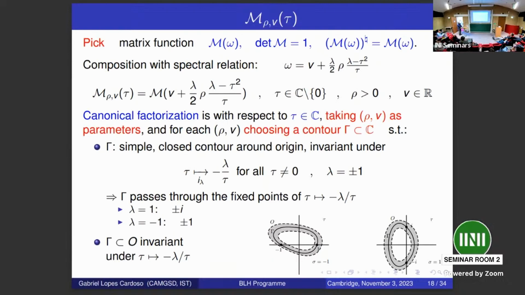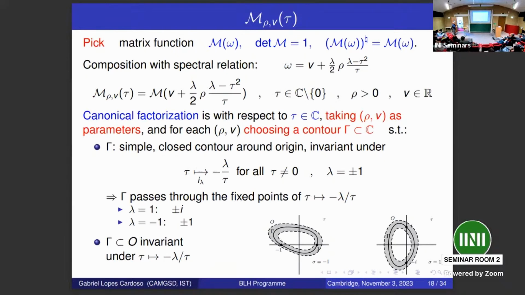But remember that this relation here was invariant under tau goes to minus lambda divided by tau. What this means is that the contour gamma you are going to choose will be invariant under tau goes to minus lambda divided by tau. Now, this involution has fixed points. If lambda is 1, the fixed points are at plus minus i.